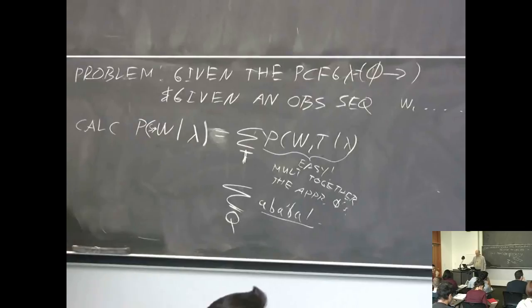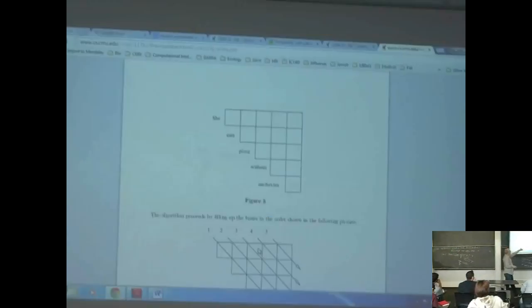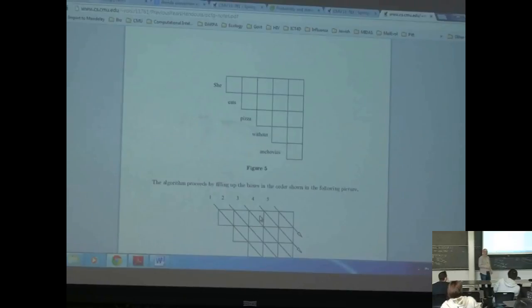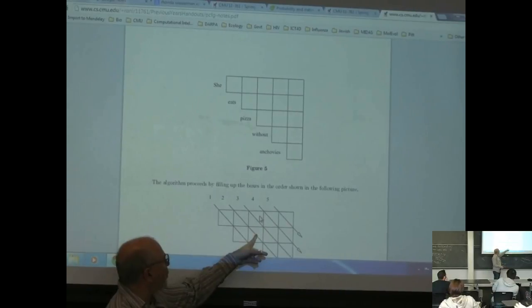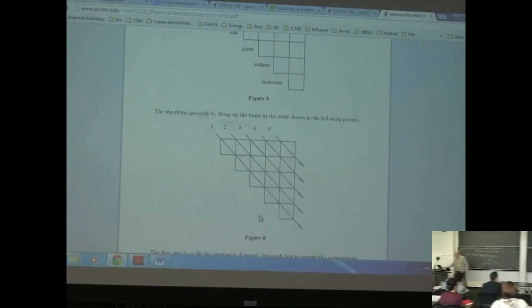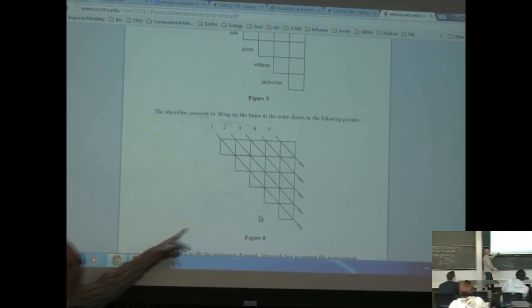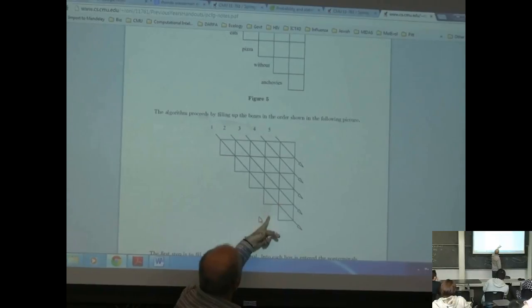Here's what you do. You start with this upper triangular table, and you write the words of the sentence next to it. Then you fill this table in this order. You first fill this, and then this, and then this, and then that. What each one of these corresponds to is, say this square goes from word number 3 to word number 4.